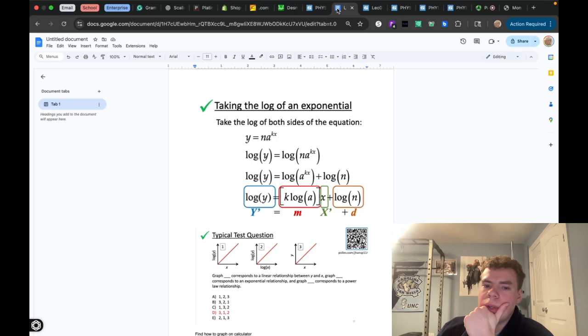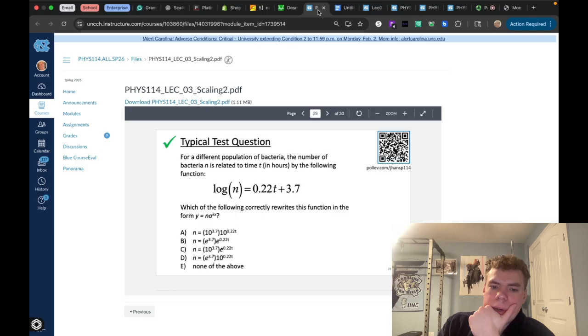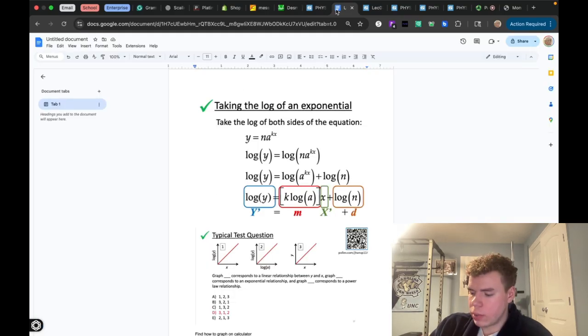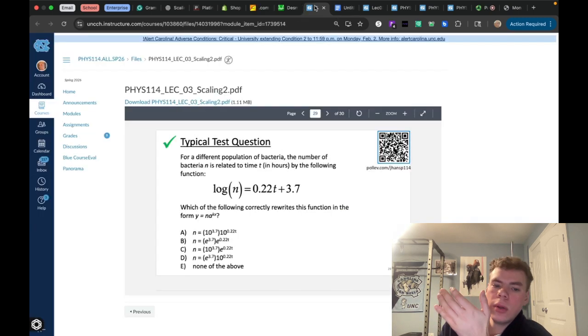So we already know it's going to be n equals n to the a of k multiplied by x. And in this scenario, x is t. So we already know this is going to be multiplied to the power of something t. So we now just need to find what n, a, and k are. We need to find what three variables are. And we have 0.22 and we have 3.7.